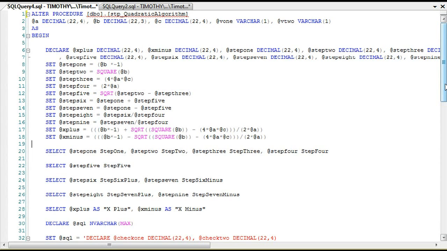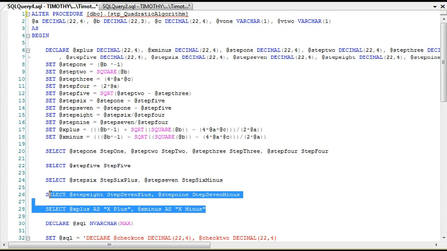Sometimes you'll plug one of the answers back into the equation ax squared plus bx plus c equals 0, and it doesn't equal 0, which means it's not a solution. I remember that because I got one of my problems wrong in high school, and they said, you didn't check your answers. And I was like, oh, okay. So we go through all these steps, and you can see this is the final answer right here.